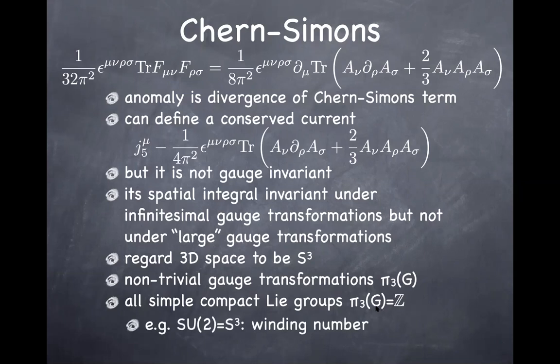And the easiest example is SU(2), which is actually S3 itself. SU(2) has three generators. It's a three-dimensional group. It's a 2x2 unitary matrix with unit determinant, which actually is the same space as the three-dimensional sphere. And I'll tell you an explicit form later on.